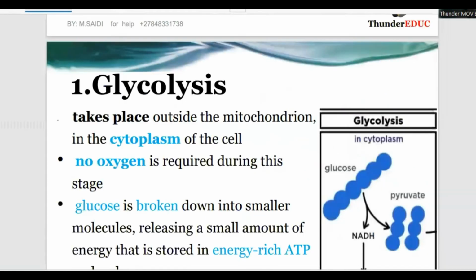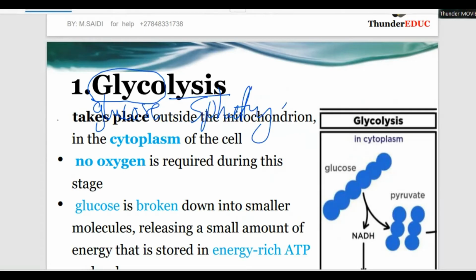So if we come back here and look at our process of glycolysis, what does it mean in science? Glyco comes from the word glycogen, but here we are referring to glucose. Lysis in science means splitting. So you are splitting this molecule of glucose.